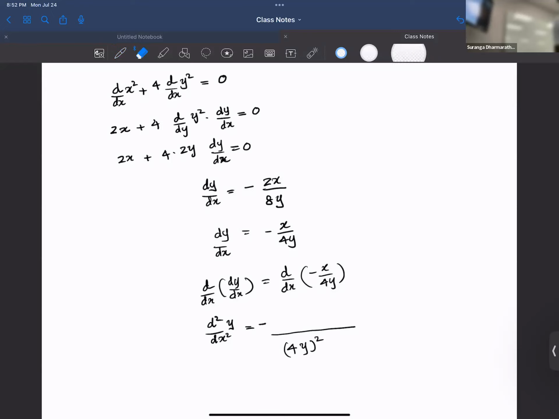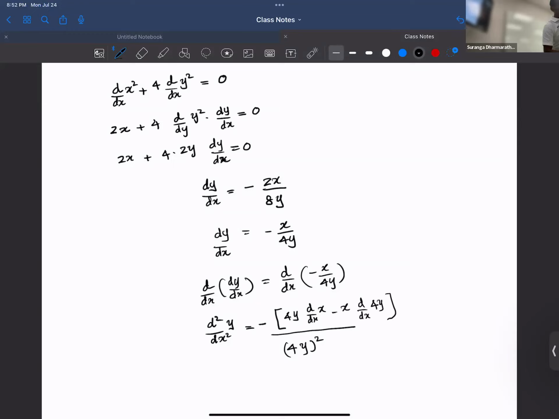Which term do you differentiate first, numerator or denominator? Numerator. So you put 4y times d over dx x, minus x times d over dx 4y.